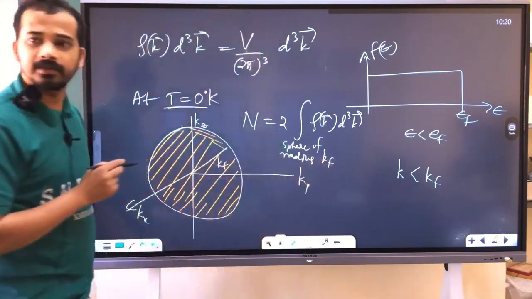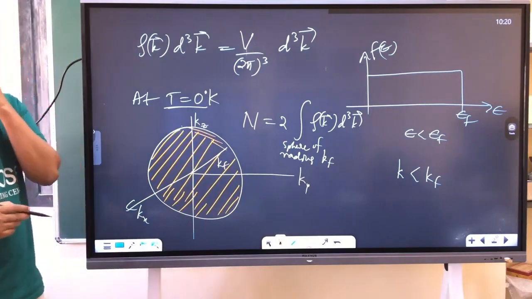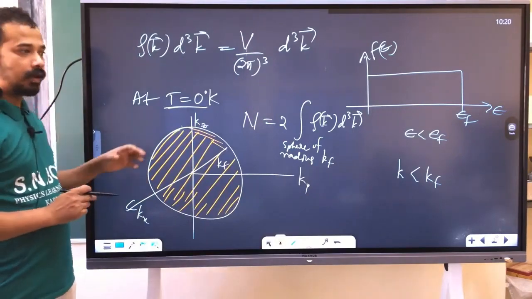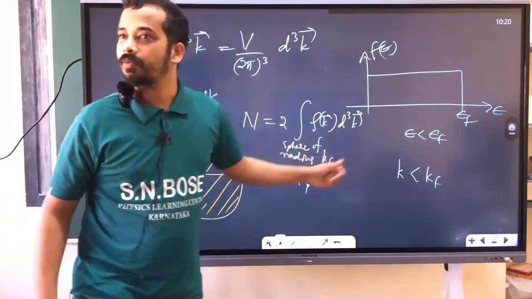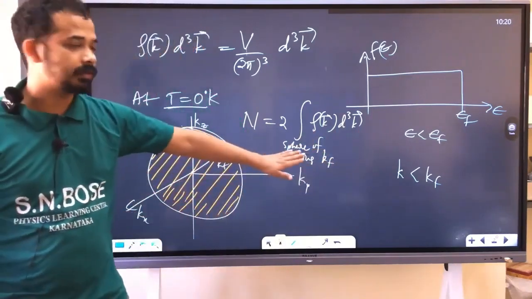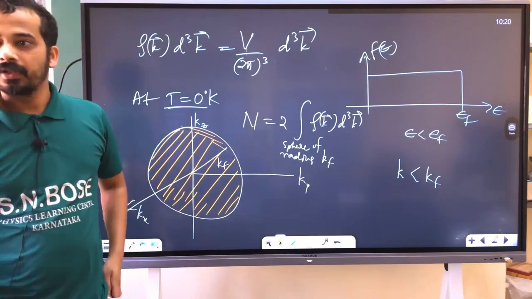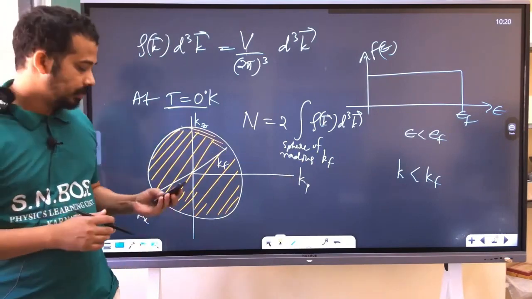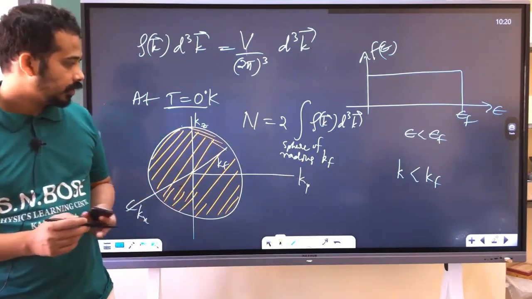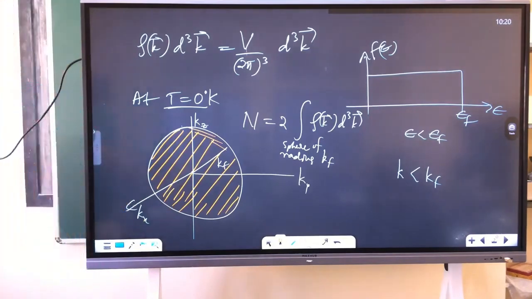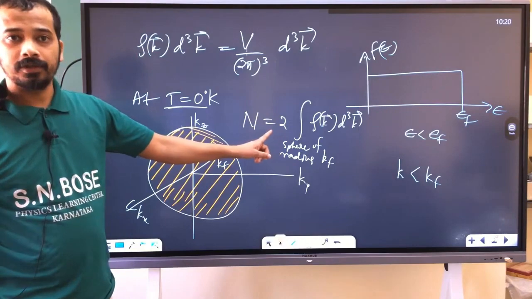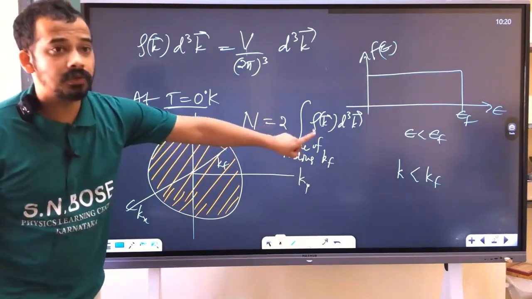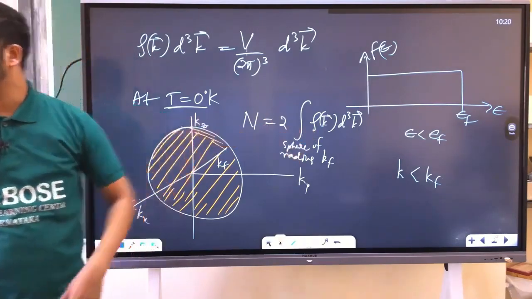You got this idea? Here I counted the total number of states within the Fermi sphere. You have to multiply by 2 if you have electrons, because this is a count of only translation states. Spin states are also there.